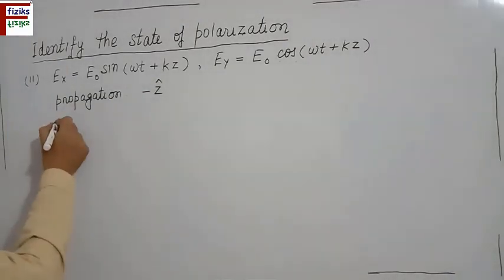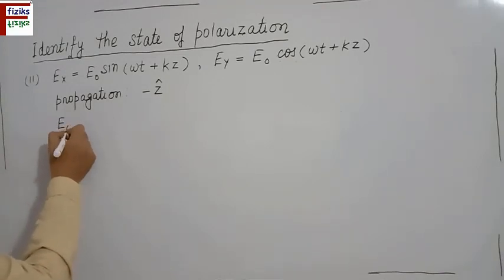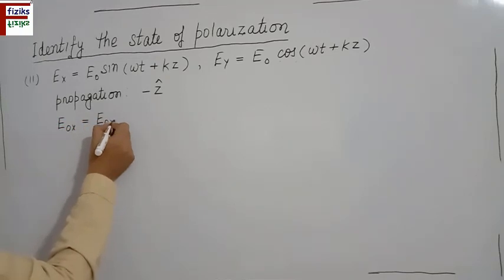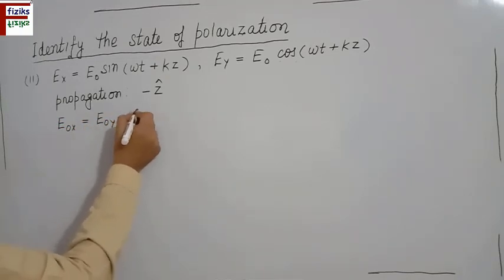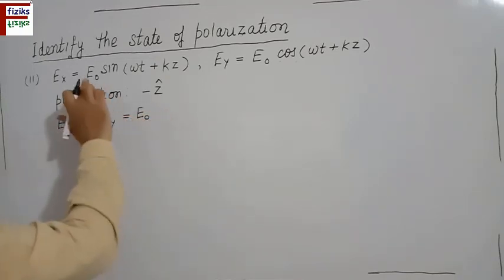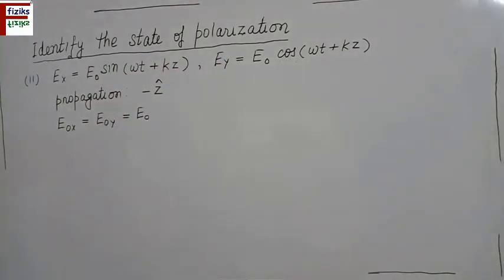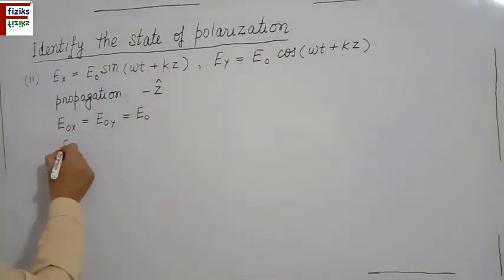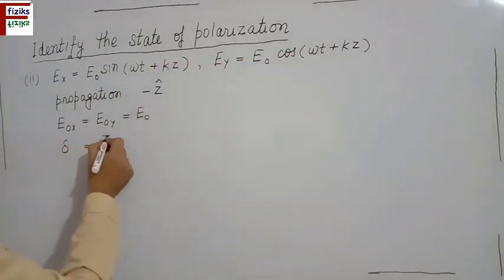Second, we observe that the amplitude E naught x is equal to E naught y, and this is equal to E naught. So both amplitudes of Ex and Ey are equal, and the phase difference between the sine and cos terms is pi by 2. So this delta is pi by 2.